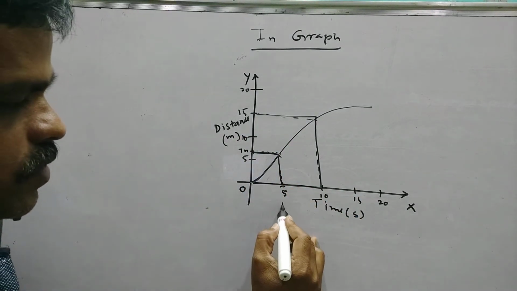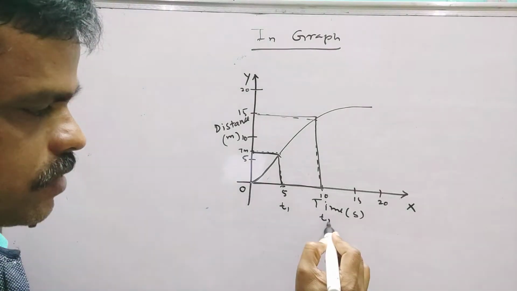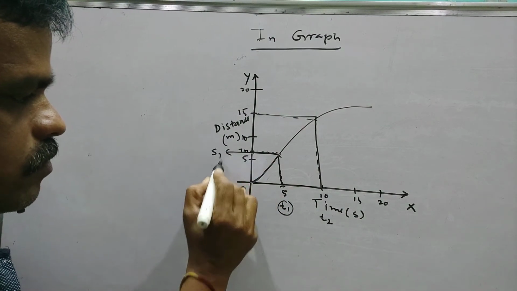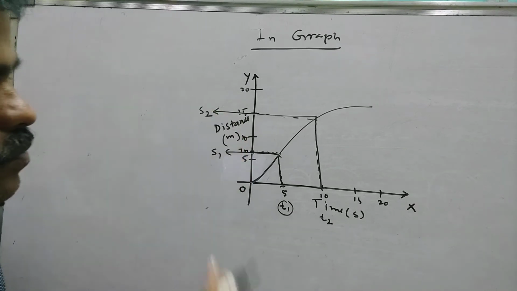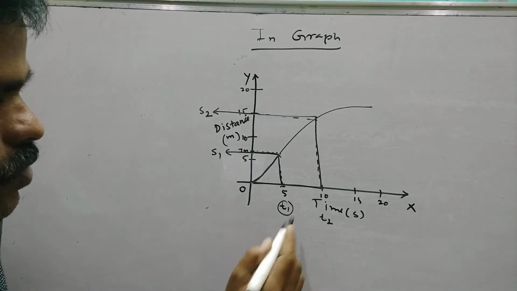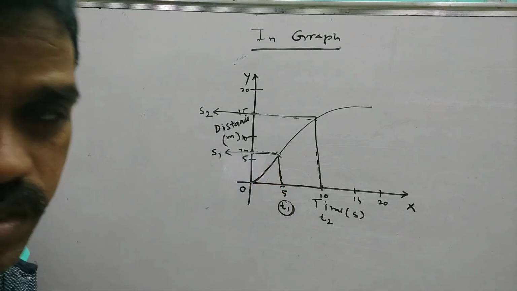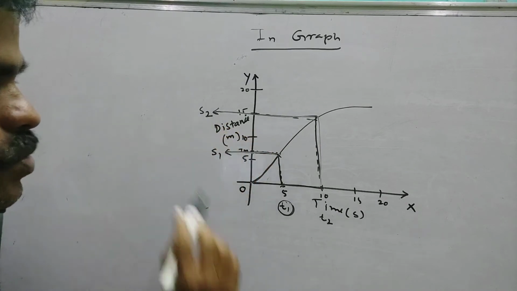So here first one is T1, second one is T2 time. At time T1, the distance will be S1. At time T2, the distance will be S2. These are the points. So at time T1, the particle is at S1 distance. At time T2, the particle is at S2 distance.